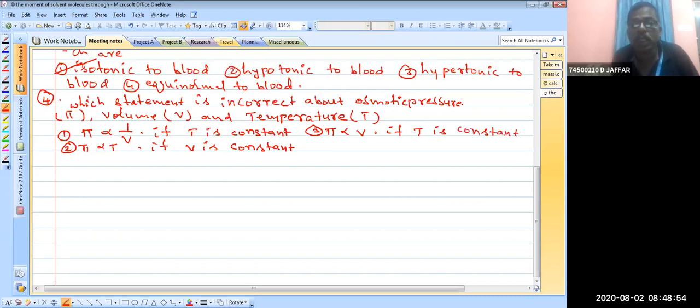Fourth option: pi V is constant if T is constant.